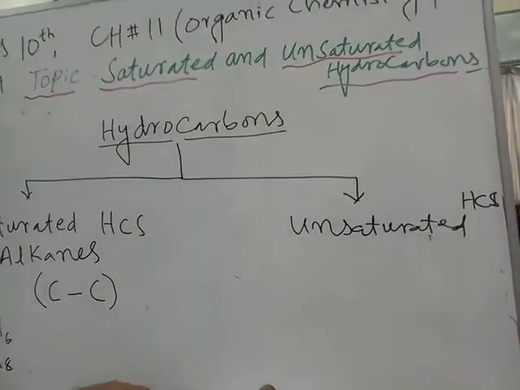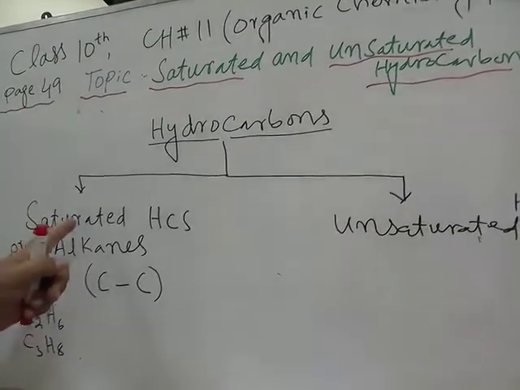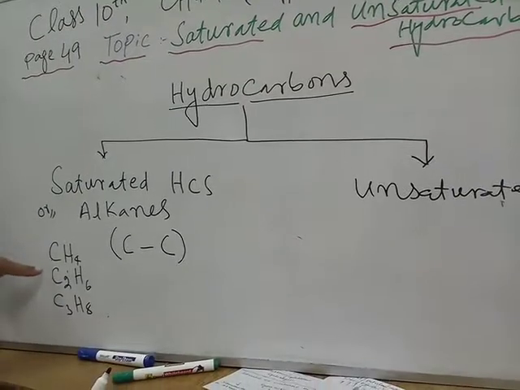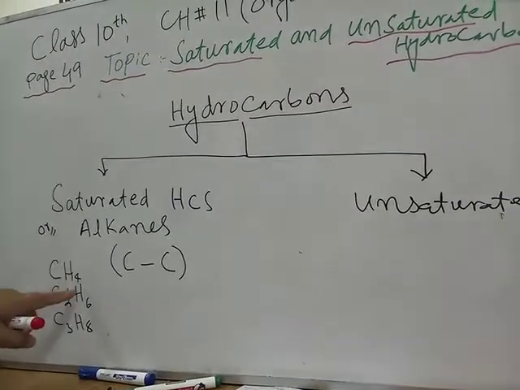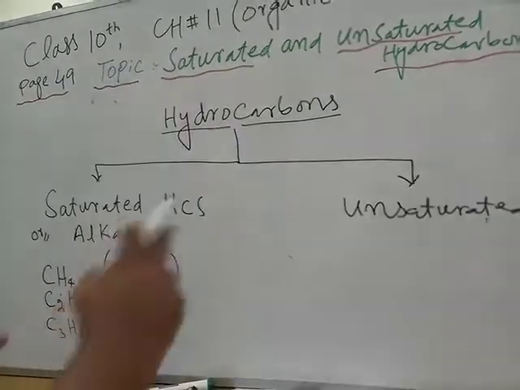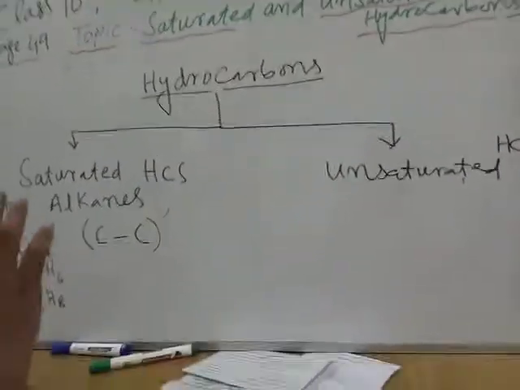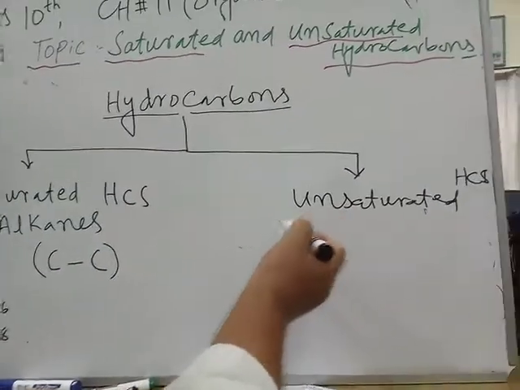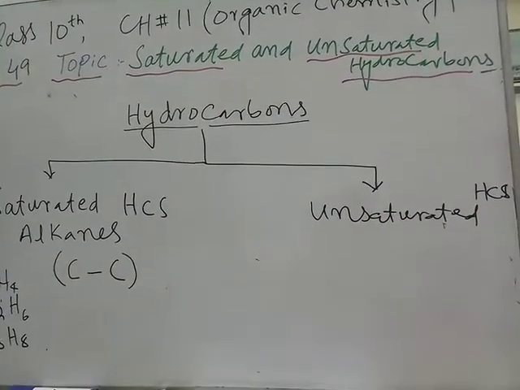Remember students, they are called saturated hydrocarbons because these compounds are saturated with the maximum number of hydrogen atoms. I shall compare these with the unsaturated hydrocarbons, then you will understand the point. So now let me proceed towards the unsaturated hydrocarbons.